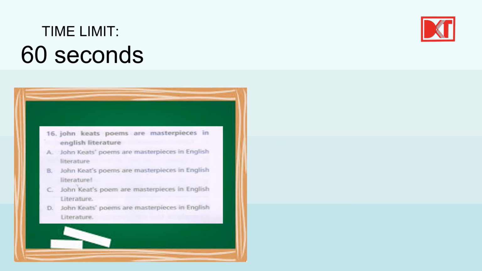Alright, so here, John Keats' poems are masterpieces in English literature. So first of all, we're talking about John Keats. Now, John Keats is a poet. So his name is John Keats. Here J will be capital, and here Keats. Alright, his surname is Keats.